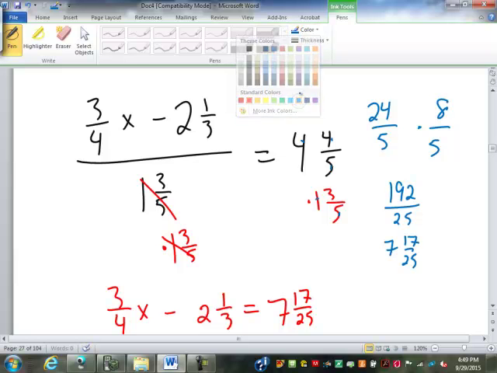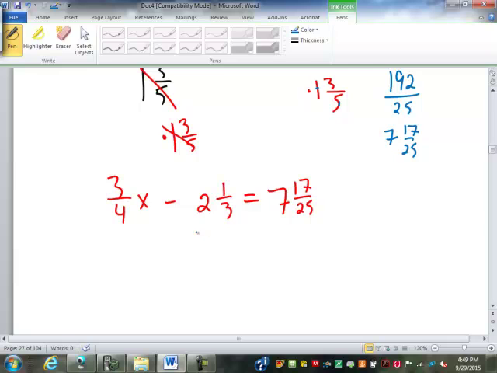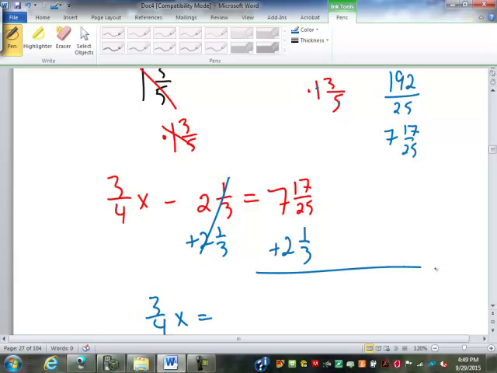Add 2 1/3. So 3/4 x equals, common denominator over here is going to be 75. So this is going to be 51, 25 times 3, so 17 times 3.